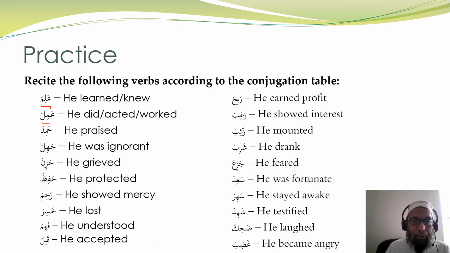By using the past tense, we're saying that it's been done because Allah has promised us that He will accept our du'as. So by using the past tense, we're connoting that the job's been done. Allah has fulfilled His promise. So rahimahullah, the past tense is used for the sake of dua.